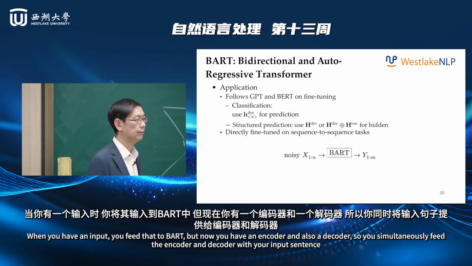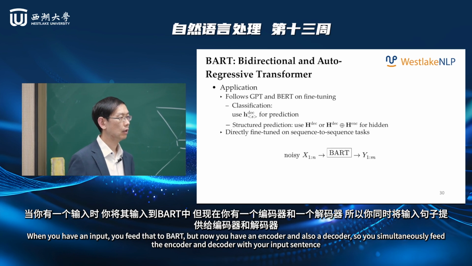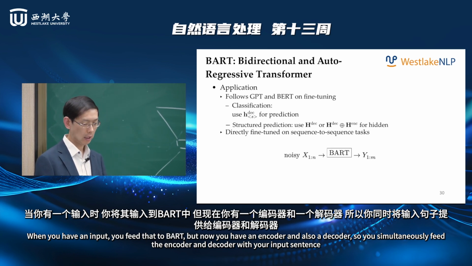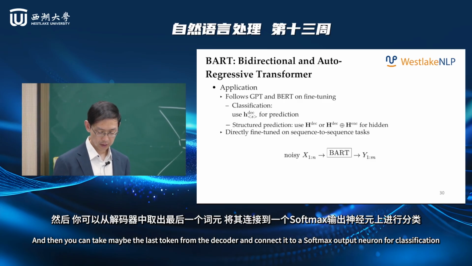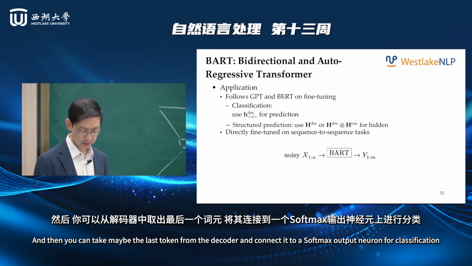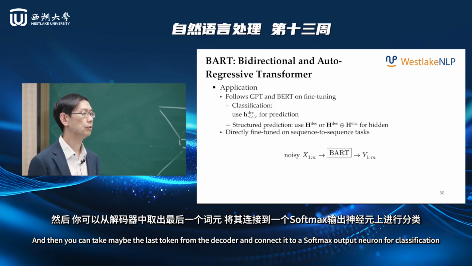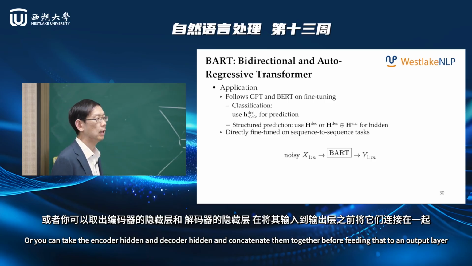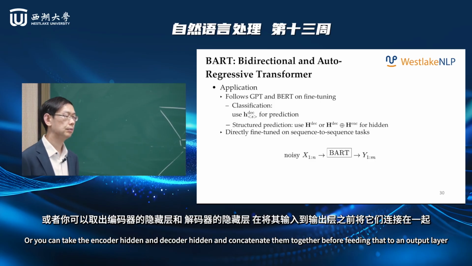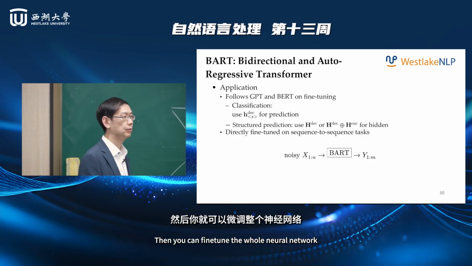So you simultaneously feed the encoder and the decoder with your input sentence, and then you can take maybe the last token from the decoder and connect it to a softmax output neuron for classification. Or you can take the encoder hidden and the decoder hidden and concatenate them together before feeding that to an output layer. Then you can fine-tune the whole neural network.